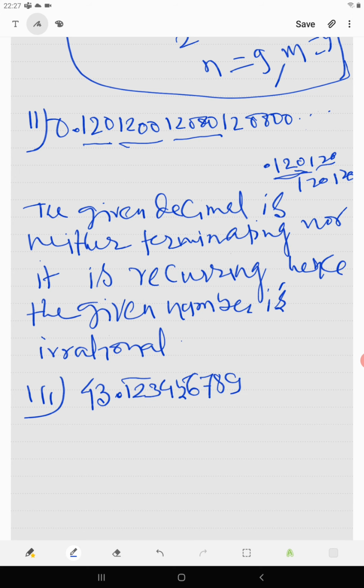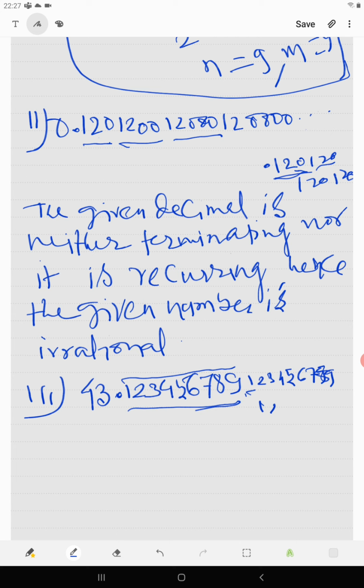Now the third thing is 43.123456789. Now you can see this bar. This bar tells that the whole thing will reoccur again. After this 9, if you remove the bar, that means this will again recur: 1 2 3 4 5 6 7 8 9, then again 1 2 3 4 5 6 7 8 9. So the whole thing will reoccur again and again. A certain set of digits will reoccur.